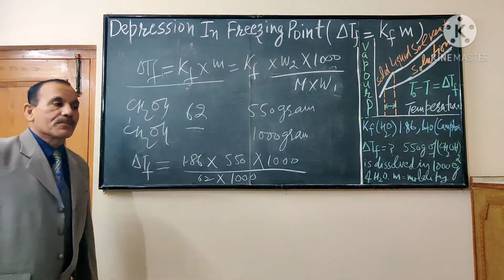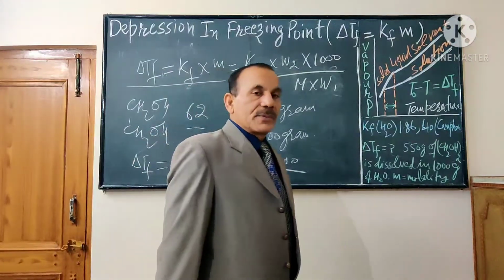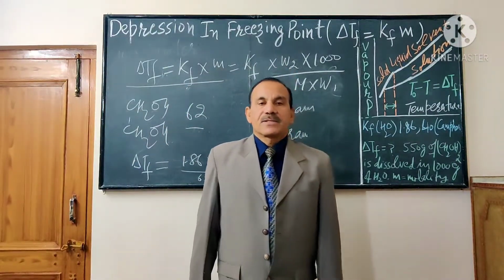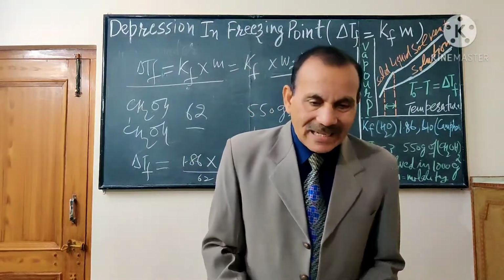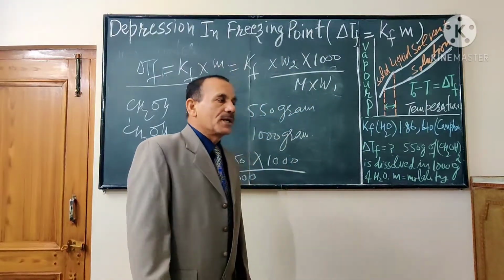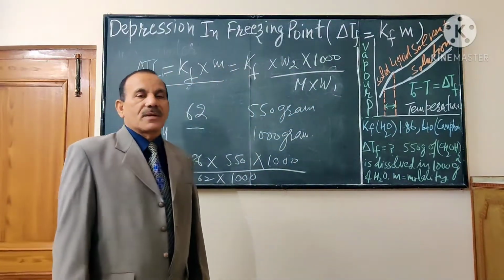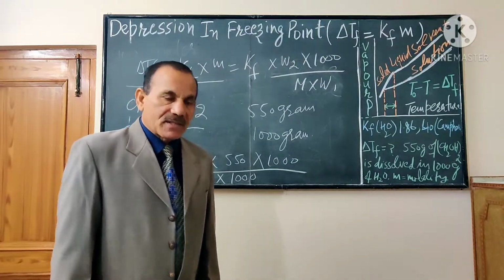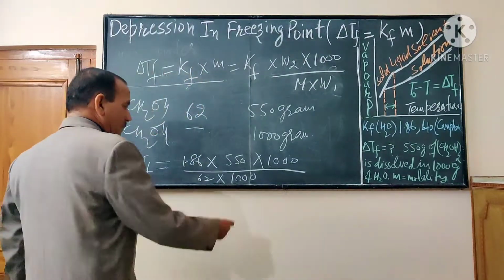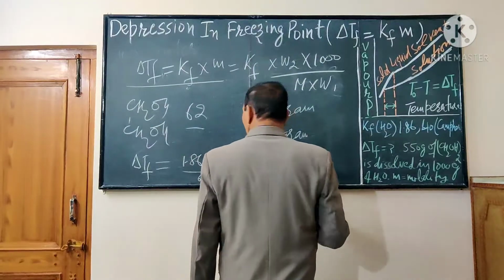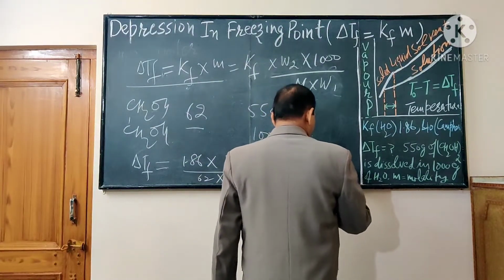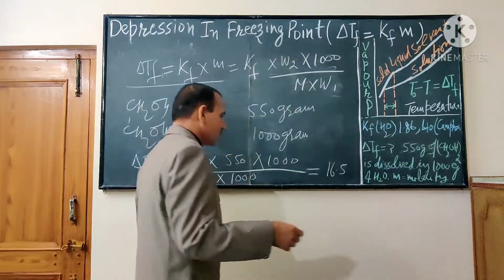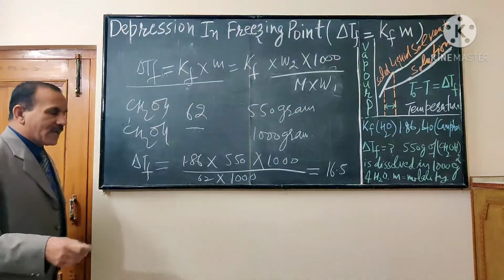We are dissolving 550 gram of CH2OH in 1000 gram water. What is the value of depression in freezing point? This comes out to be 16.5. Let's say this is the value of ΔTf.